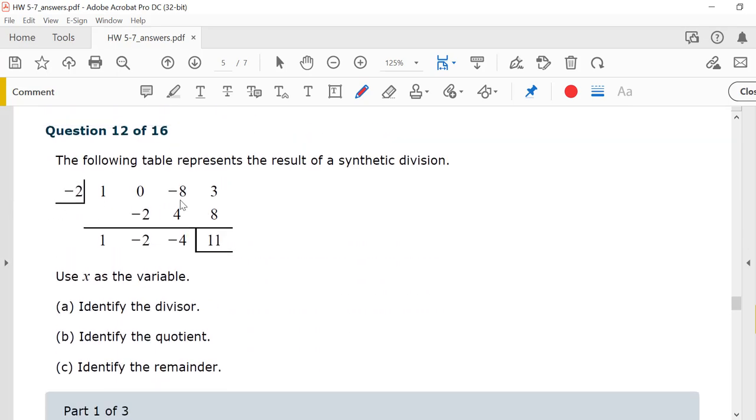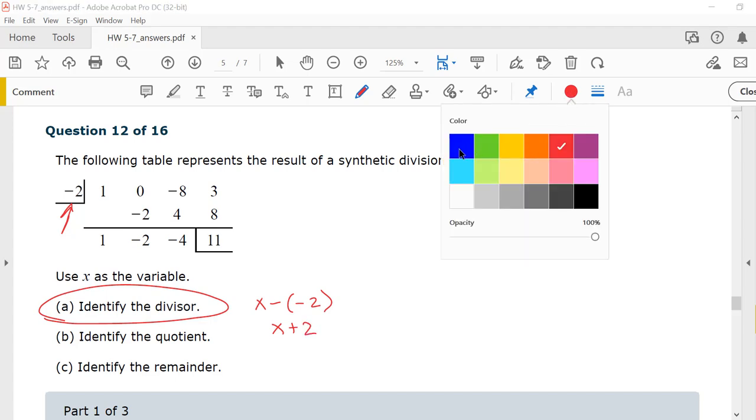Number 12, the following table represents the result of a synthetic division. Use x as the variable. Identify the divisor. Okay, for the divisor will be x minus negative 2, which is x plus 2.